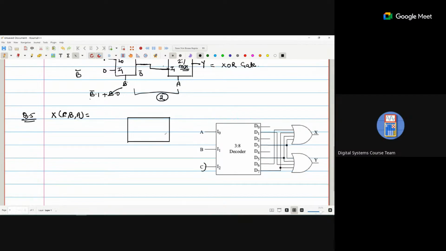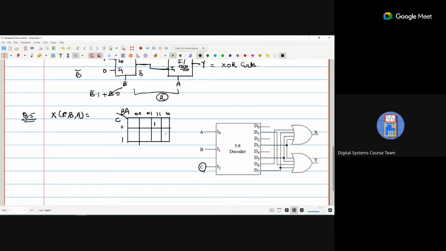Now you can see the I2 is connected with C. C is the MSB and A is the LSB. So we connect C here, B and then A. D6 is connected, D7 is connected, D5 and D3.